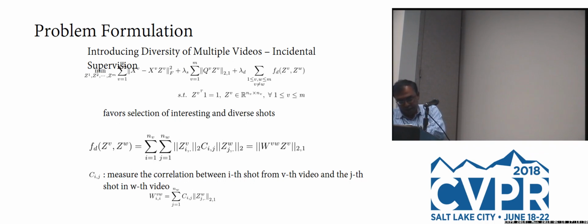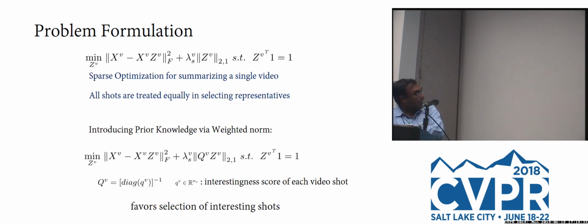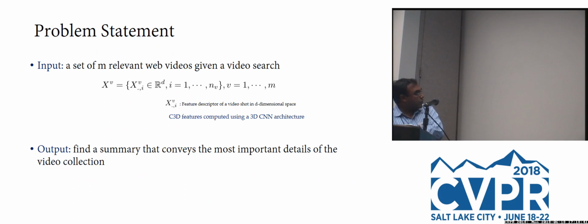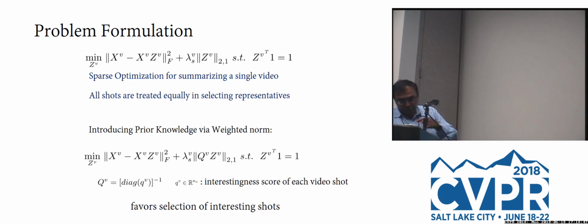If you go back one slide and look at X of V, these are the features from that collection of videos. And from there, we are designing this objective function. So the problem formulation has these terms, and then we could introduce some prior knowledge via a weighted norm term.